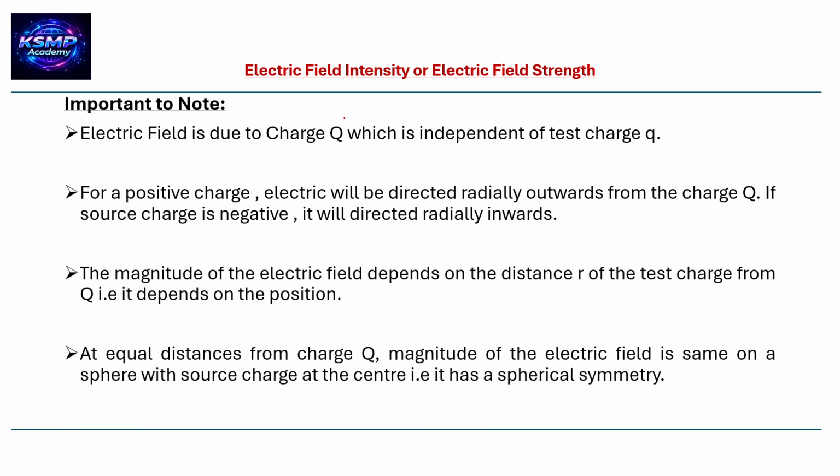So the important thing is that electric field is due to capital Q, and it is independent of the test charge small q. We have considered it to be a test charge. It is not disturbing the field because of charge Q. For a positive charge, electric field will be directed radially outwards from charge Q. You can consider, let us say charge Q is placed at this point, and at some point small q is placed.